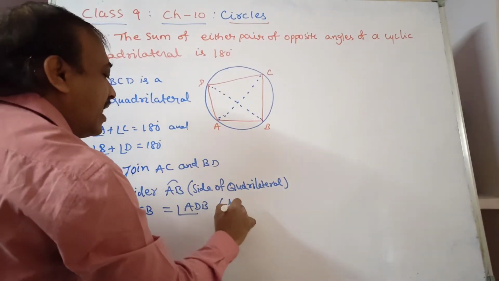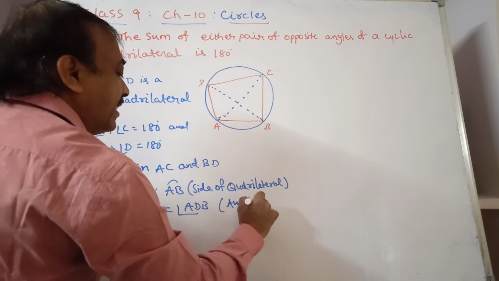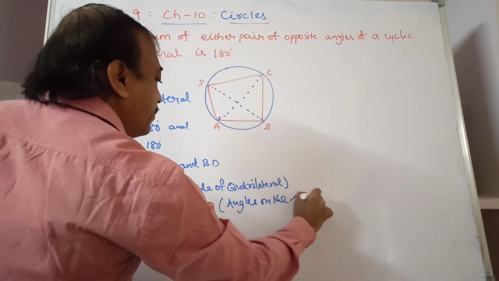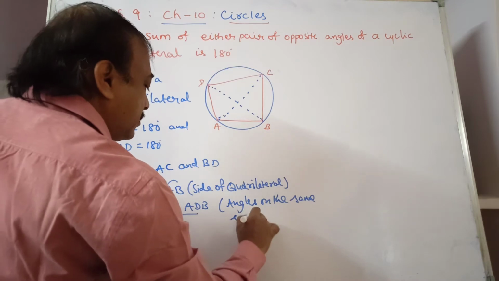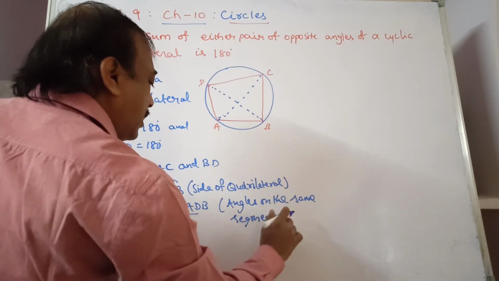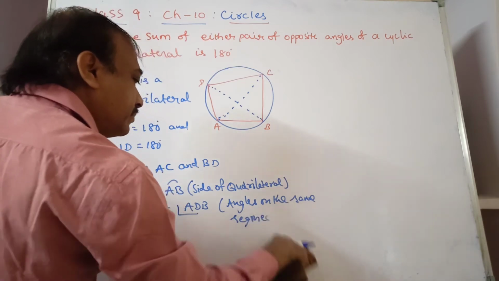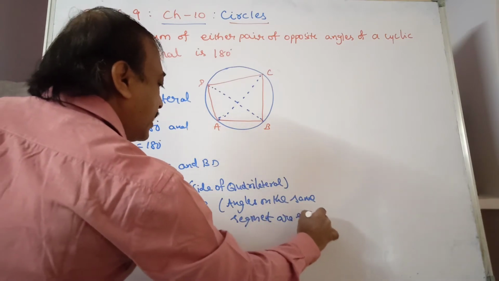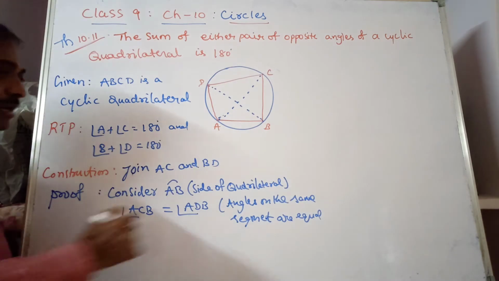The reason is: angles on the same segment of a circle are equal.